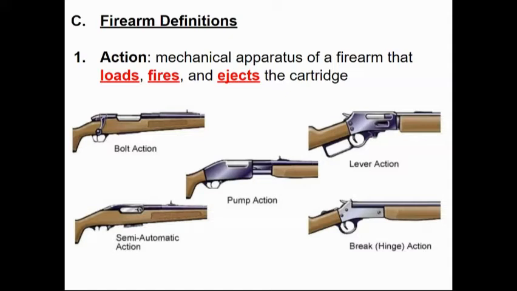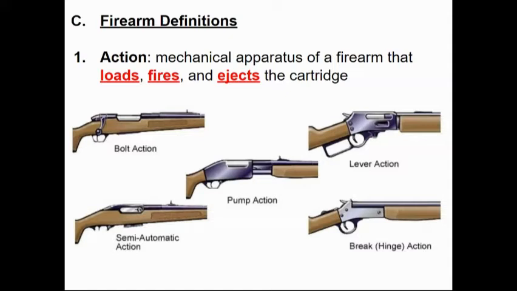So notice that already we have another vocabulary word here, a cartridge. So we're going to see that in a little bit. And as we learn one word, it's going to help us understand the other ones because they all work together. But we're going to basically take some ammunition, load it into the firearm, fire it, and then eject the remains of that cartridge which was left behind.